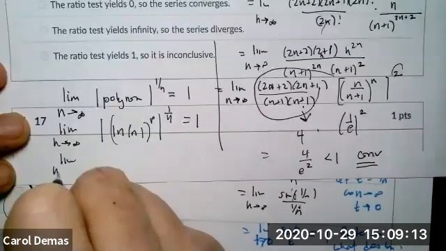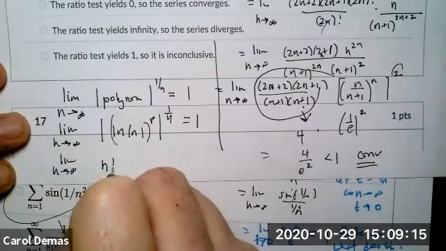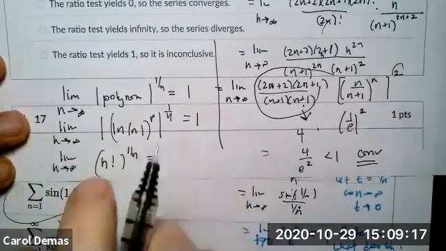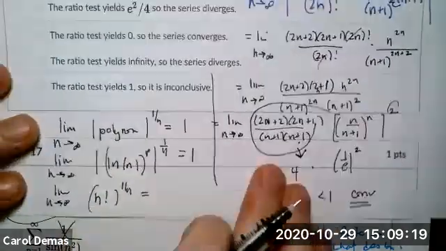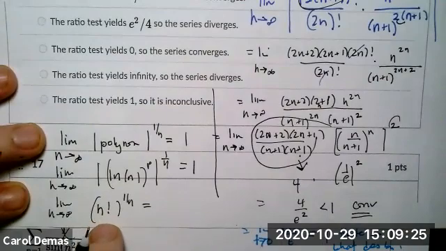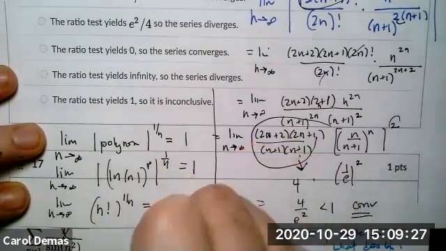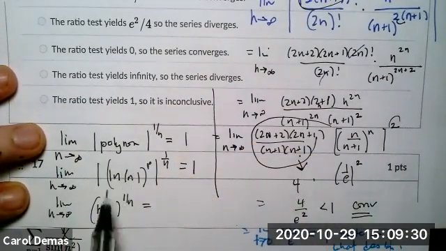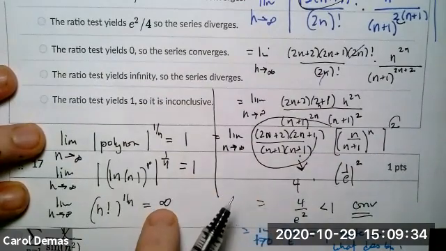That's also going to be 1. Okay, what about this guy? Anybody want to make a prediction there? This one is growing faster than polynomials or exponentials. So that one's going to give you infinity.